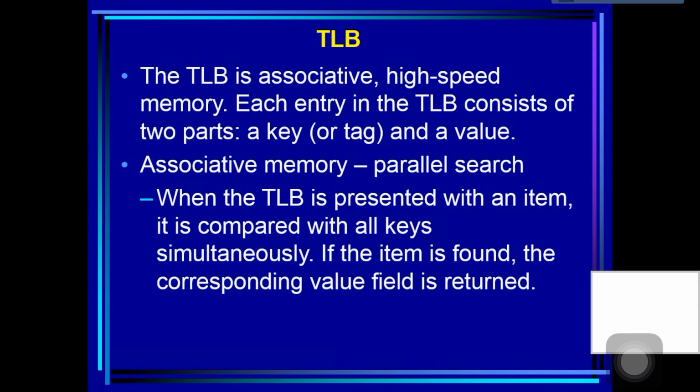When the associative memory is presented with an item, the item is compared with all keys simultaneously. You must know the associative memory works in parallel, so it is very fast, different from the main memory. If the item is found, the corresponding value field is returned.